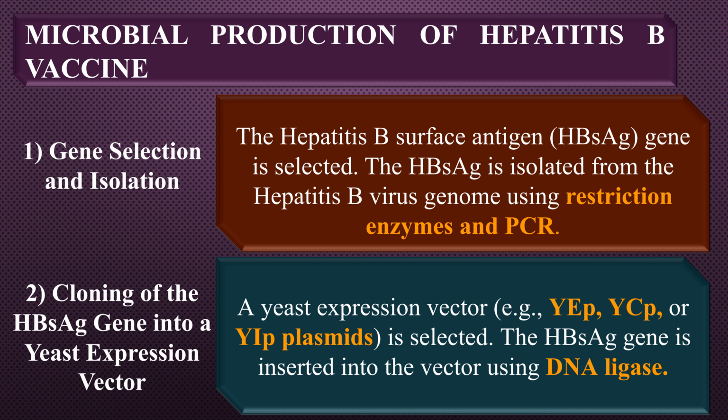The hepatitis B surface antigen gene is inserted into a vector using DNA ligase. The vector includes a selectable marker gene, example URA3 or LEU2, to identify successfully transformed yeast cells.